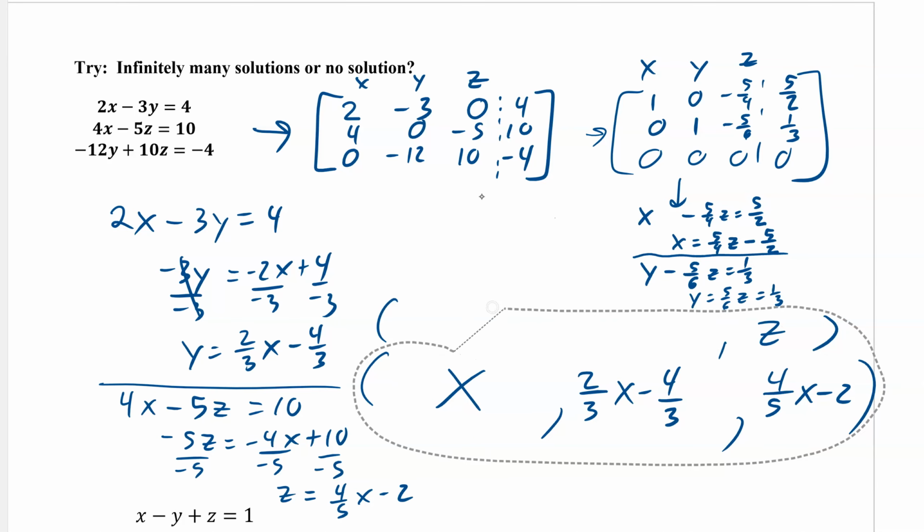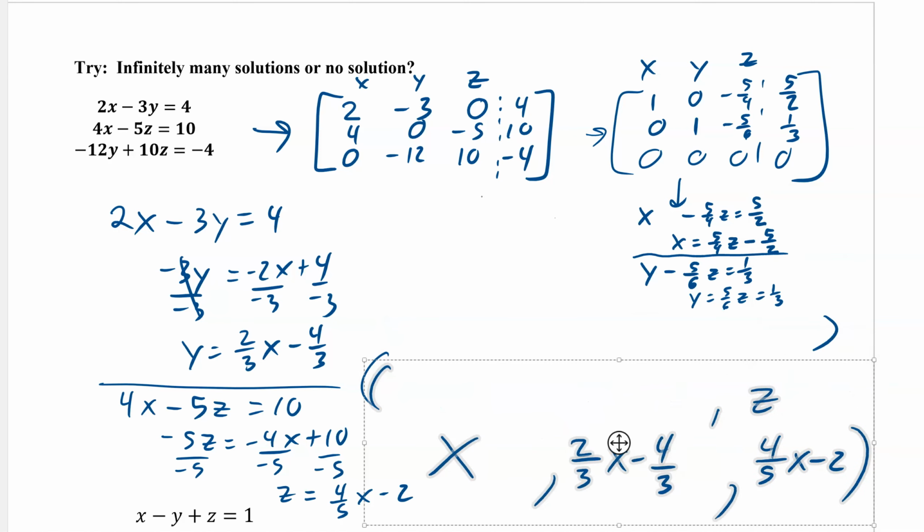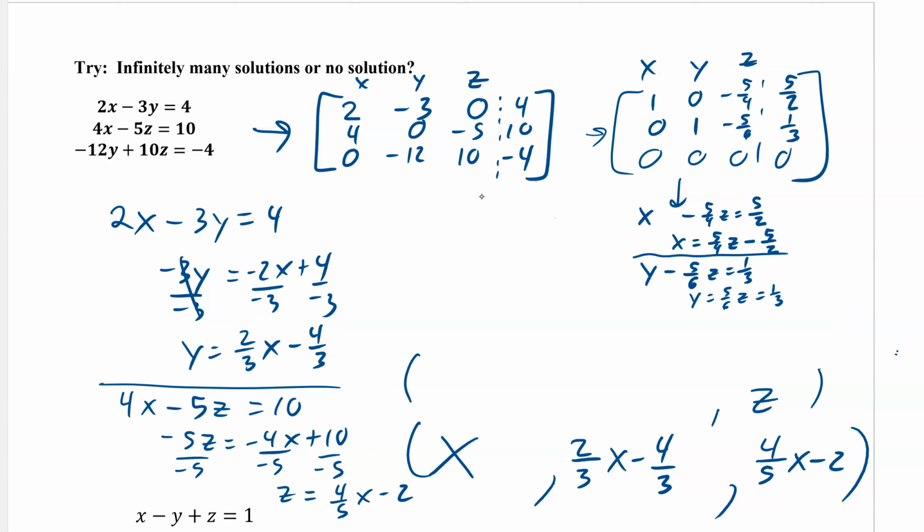Let's move this all down. So if you look at it now, you can see that x is this value. So 5/4 z plus 5/2. And y is 5/6 z plus 1/3. And so this allows you to have two different equations.